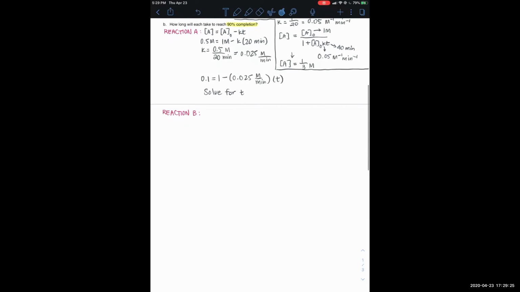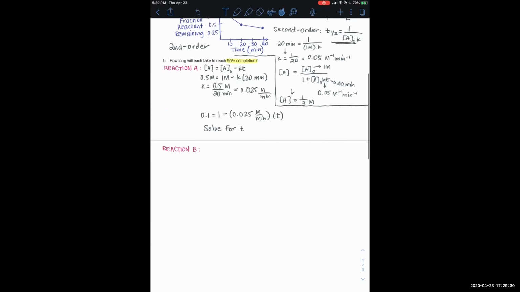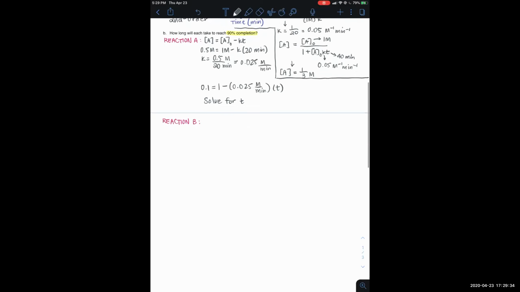Now we can do the same thing for reaction B. This is simpler because we've already determined the value of K for reaction B. So we can plug this into the rate equation, which I'll just rewrite really quick. T is what we're trying to determine.